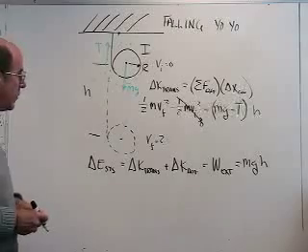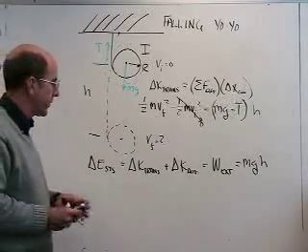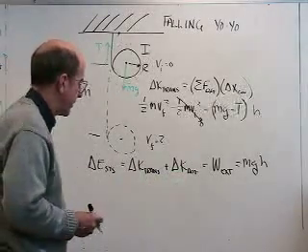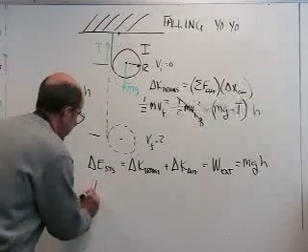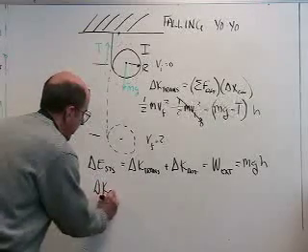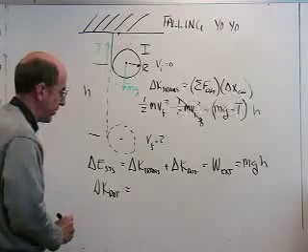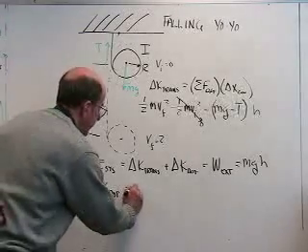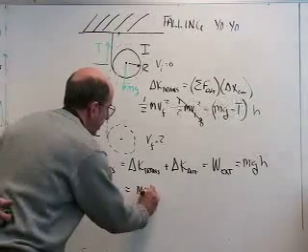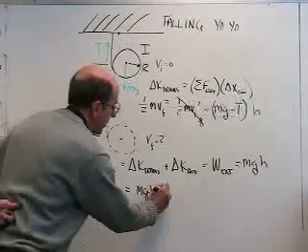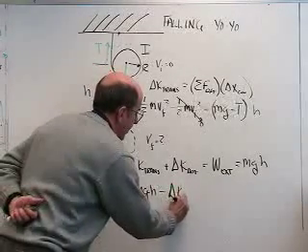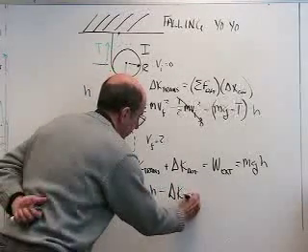Okay, so this says that the change in rotational kinetic energy is equal to mgh minus delta K translational kinetic energy.